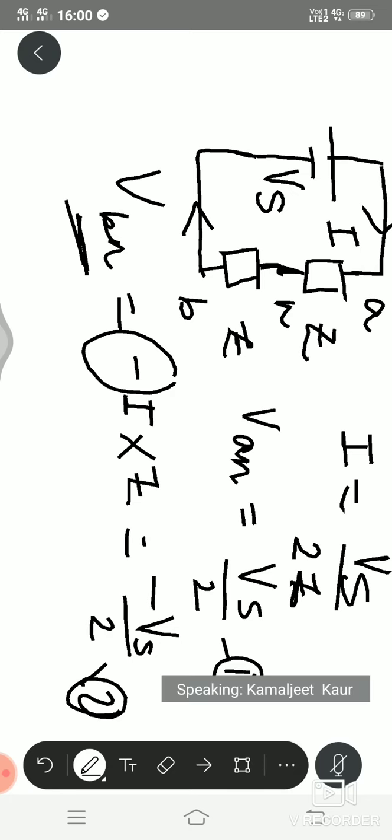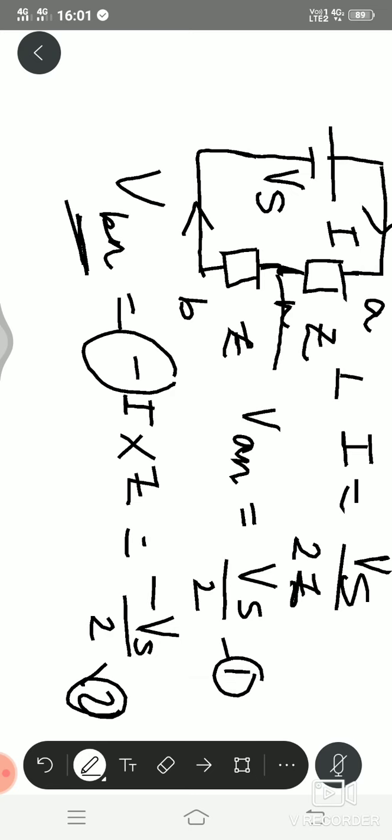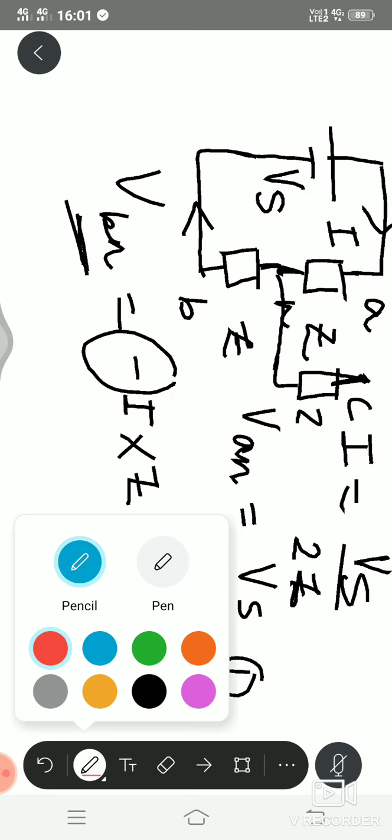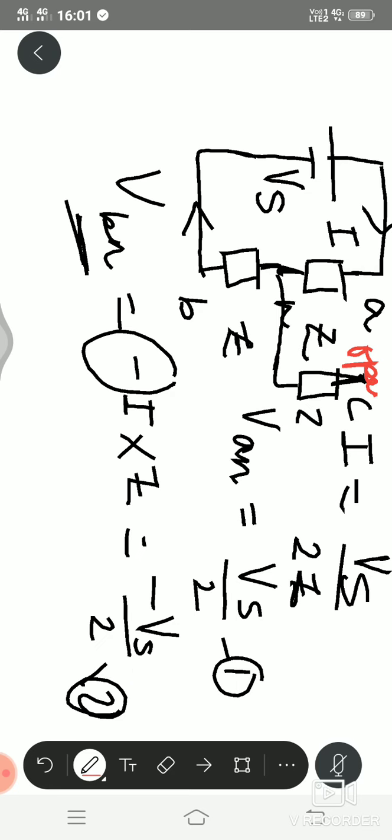Now you must be thinking about VCN. VCN you can show in the diagram. This is Z and this is point C. What about our point C? Point C is open basically. So that is why VCN will be 0. No current is flowing.